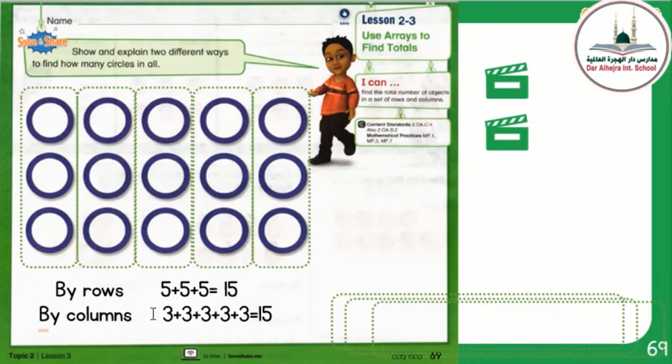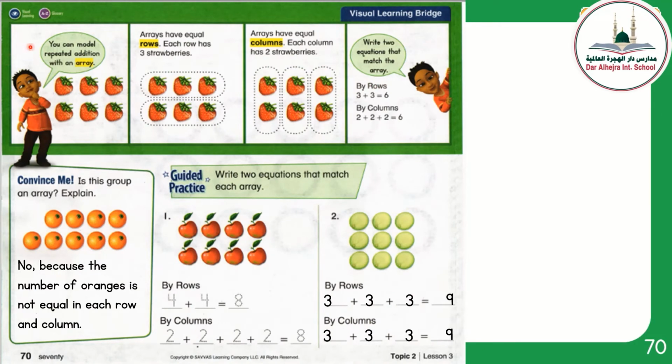By columns it comes to 3 plus 3 plus 3 plus 3 plus 3, and I can write 3, 5 times, and finally I reach the total of 15. So this is how I can use the array to find the total.